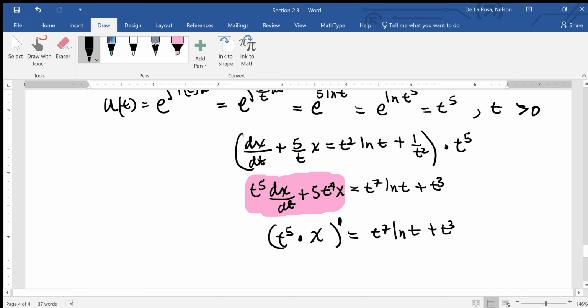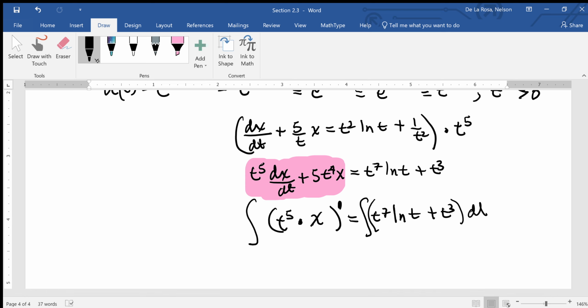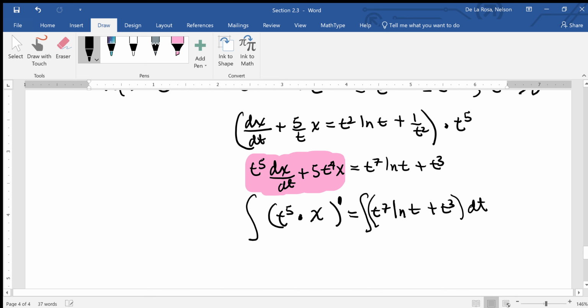Then to solve the differential equation, we need to apply integral on both sides. So on the left, the integral cancels the derivative.